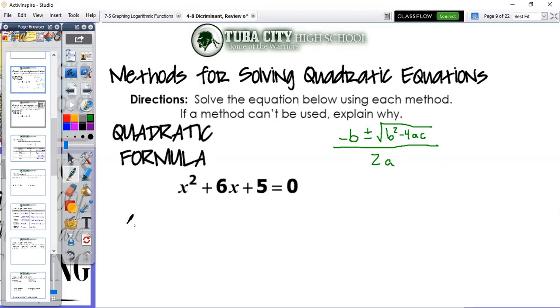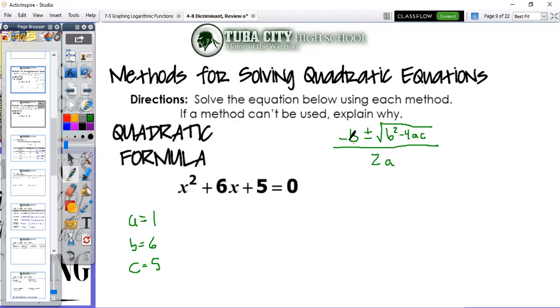All right, so we have our a, b, and c, and we can identify each of them. So a is 1, b is 6, and c is 5. So just identifying each one of them, we're going to plug these a, b, and c into our quadratic formula.